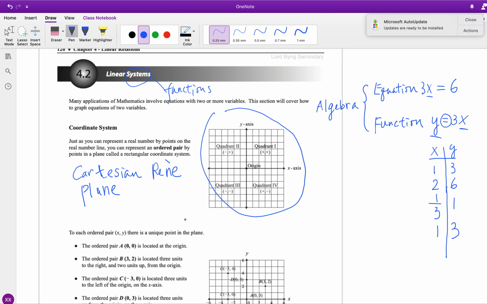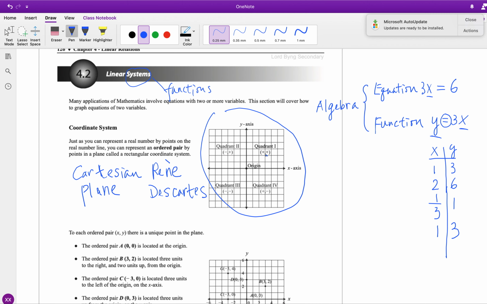I think French got it this. And Descartes. So without him, we wouldn't even have this Cartesian plane. The Cartesian plane is, this is the x-axis, and this is the y-axis.